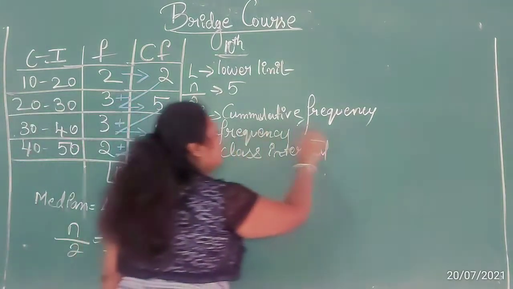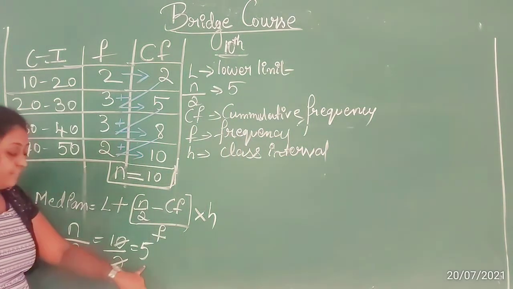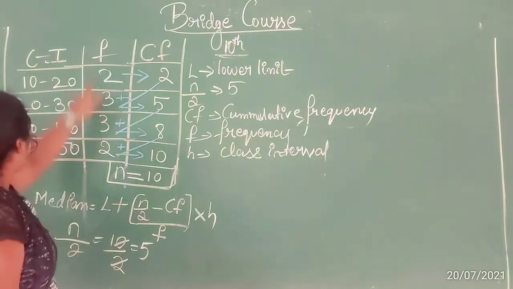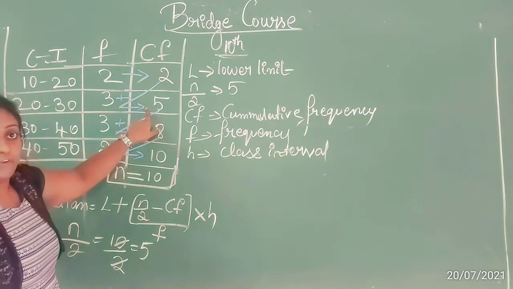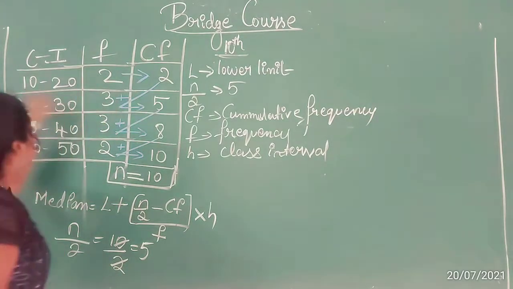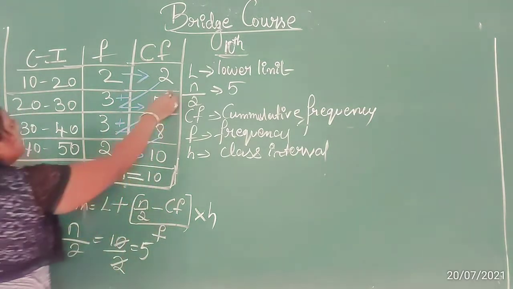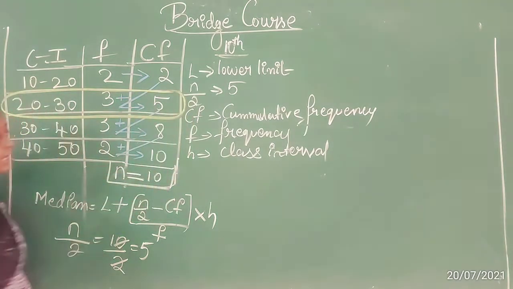First you will see your cumulative frequency. Now N by 2, how much did you get? 5. Now where your 5 value is, in the CF column, 5 is there. So now what you will do, you will circle this one in CF.